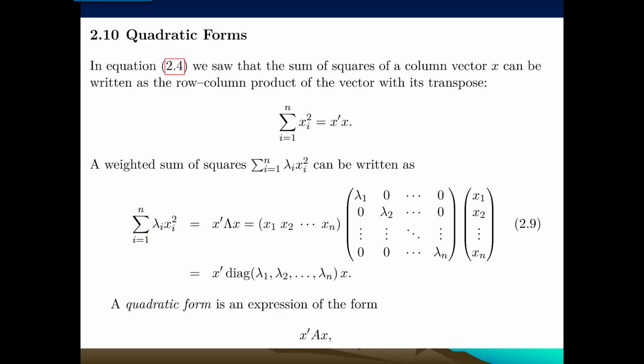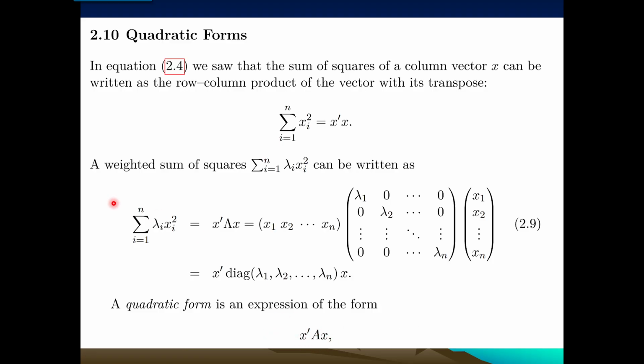So 1 times n times n times 1, the result is 1 times 1, which is this.